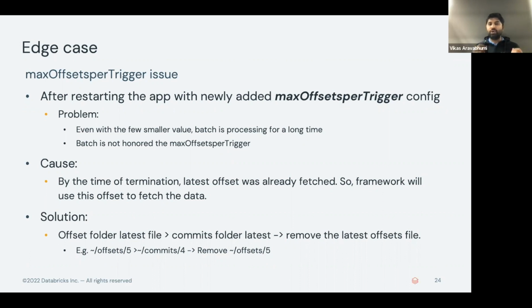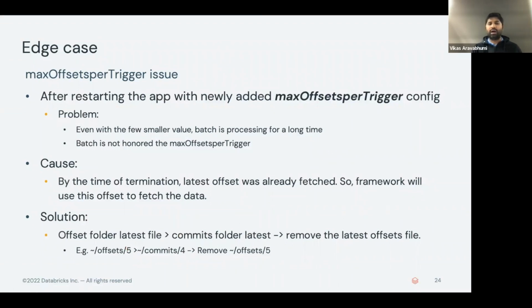Then even when you restart the application with a new max offset per trigger value, it will not be considered for that immediate run, because this is the logic where the framework goes to the checkpoint and compares. In this case, 5 is already there while terminating the previous application. The framework will consider that and process this 5 first.